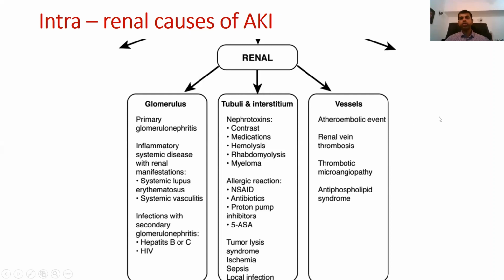And if you talk about blood vessels, conditions like thrombotic microangiopathies, atheroembolic causes, antiphospholipid syndrome, all these cause blockages of the intrarenal vasculature, resulting in reduced perfusion, low GFR, leading to oliguria and AKI.